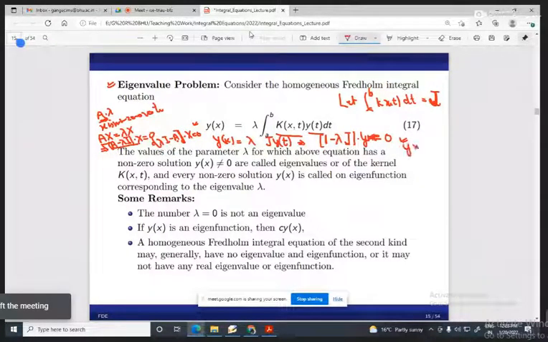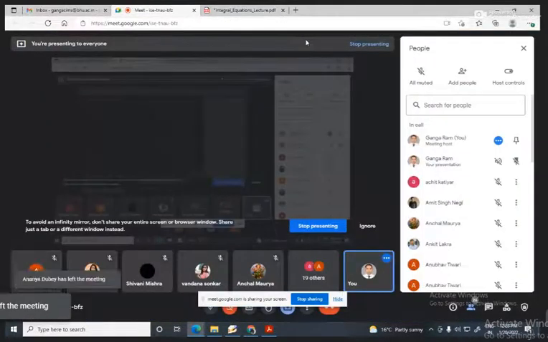For y not equal to 0, if there exists a lambda, then we say lambda is the eigenvalue corresponding to the eigenvector y. Do you agree? Am I right?